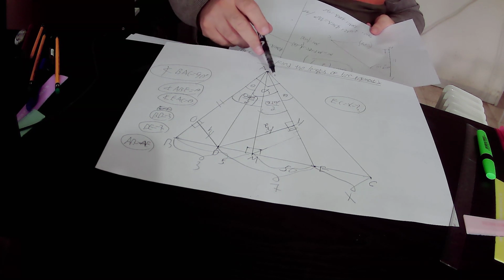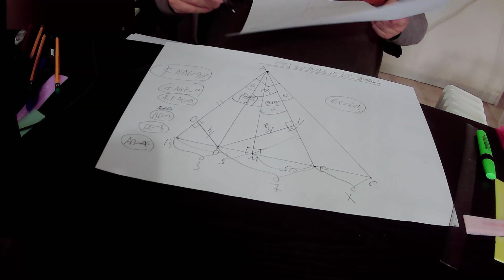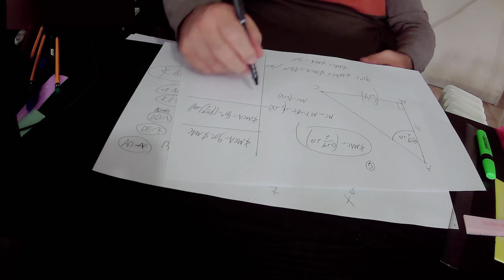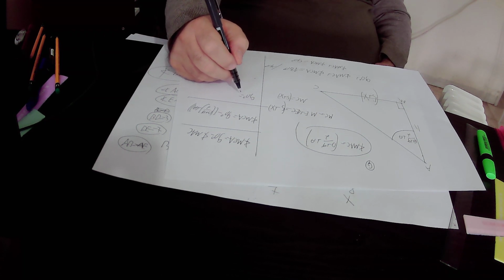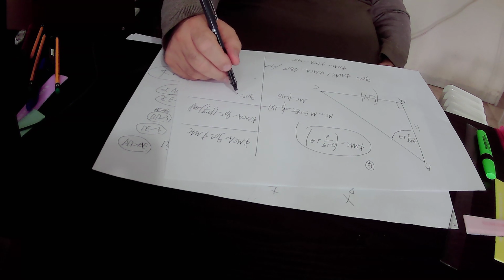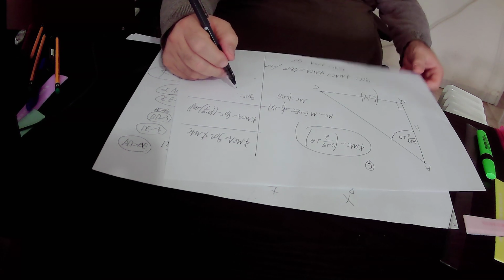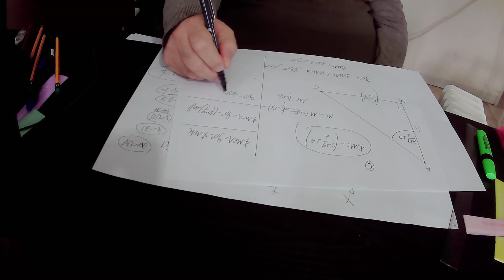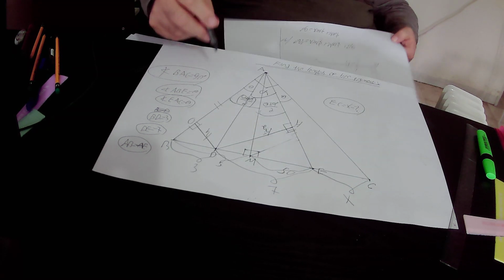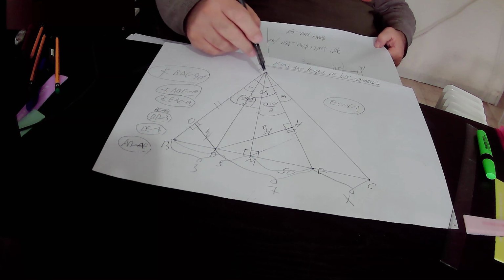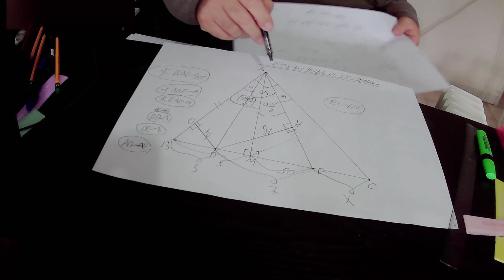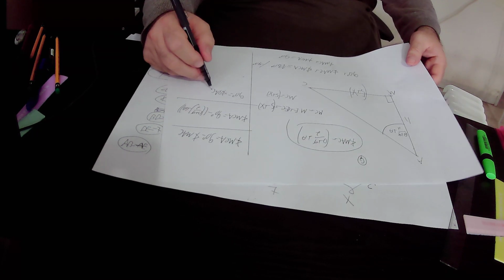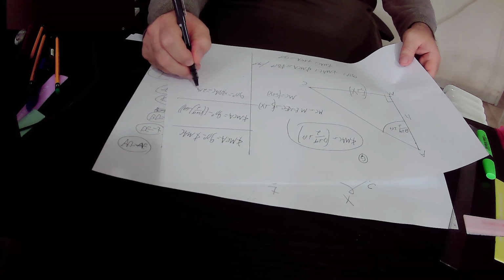From the other side, angle BAC is also equal to theta plus alpha plus theta, that is to say, 2 theta plus alpha.